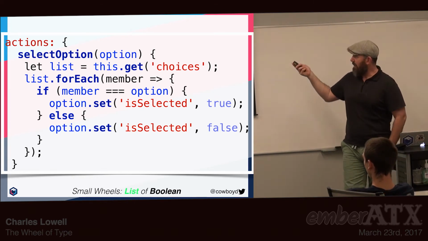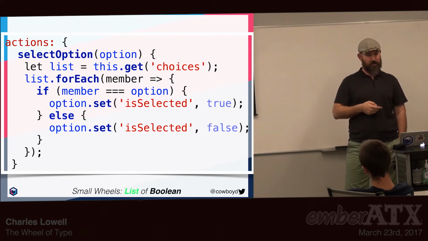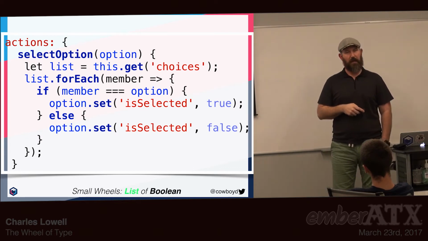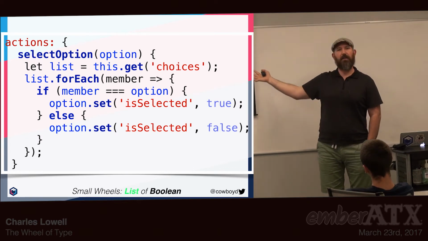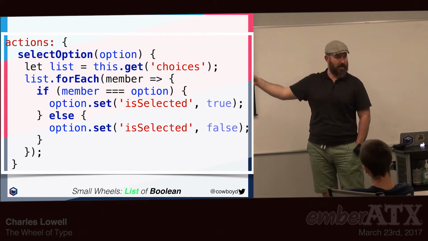And so these are just moderately complex data structures. What happens as data structures get more and more complex is that it becomes bounded by the way you can manage this code inside of your actions.